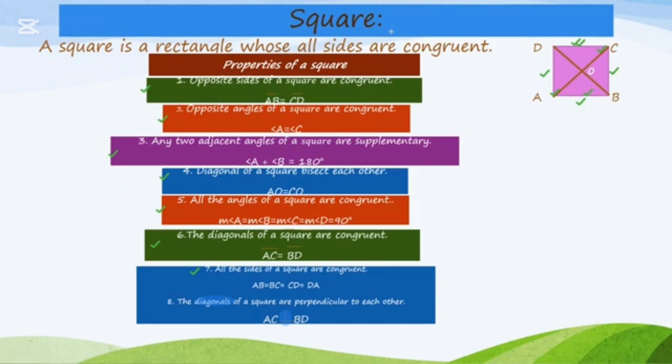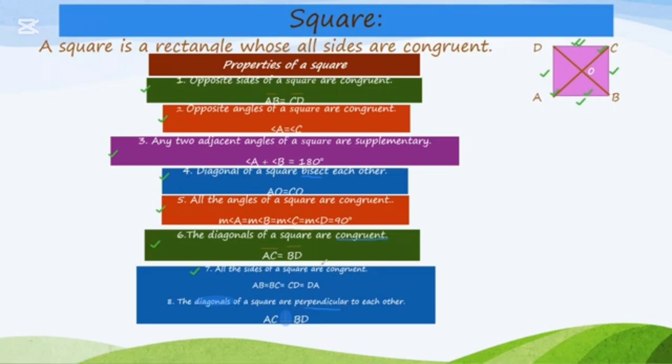Perpendicular means that the angles here are of 90 degrees. So what are the 3 properties for the diagonals of the square? That they bisect each other, as well as they are congruent and they are perpendicular to each other.